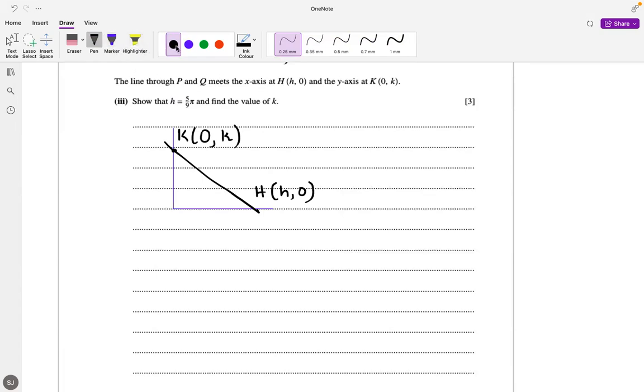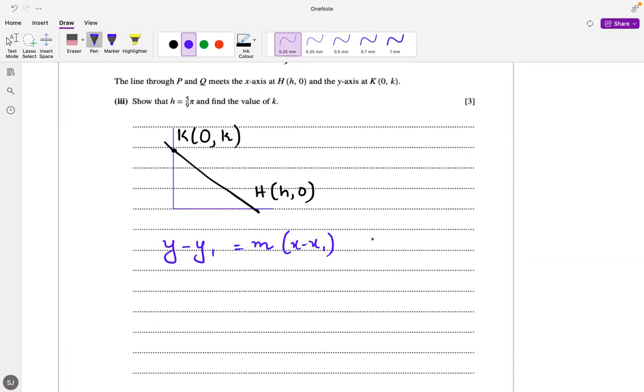To find these values, first we need to find the equation of this line. We know that the line passes through the points P and Q, so we can use the equation y minus y1 equals m times x minus x1 to first find the equation. Once we have the equation, we can substitute the values of h and k. For h, we'll substitute y equals 0, and for k, we'll substitute x equals 0.